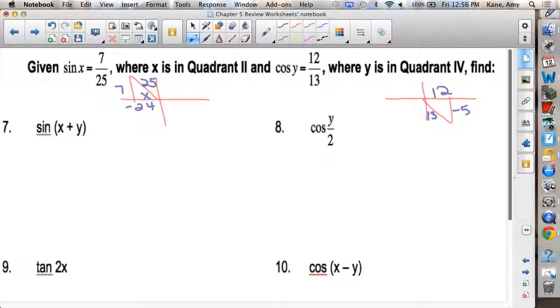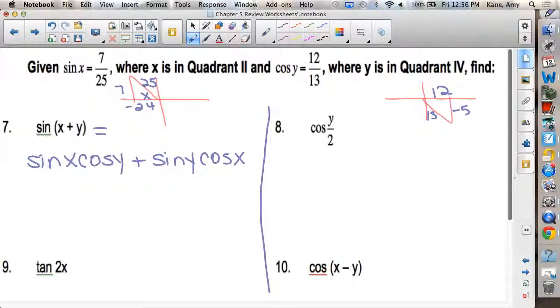So you need to expand it into the sum and difference formula for sine, which says take the sine of the first angle times the cosine of the second angle. You're adding that to the sine of the second angle times the cosine of the first angle. So I'm taking the condensed form and expanding it with the actual formula.